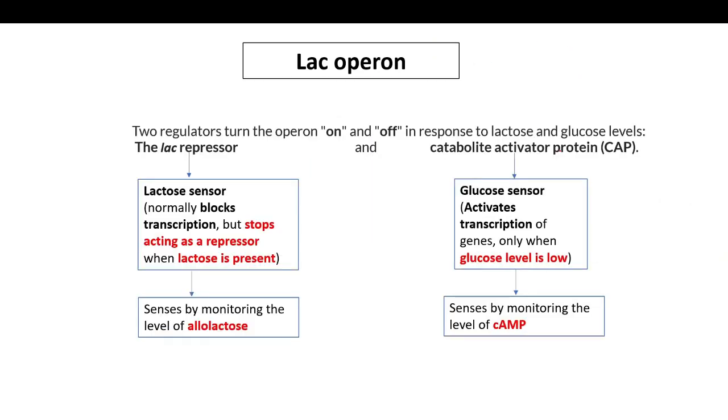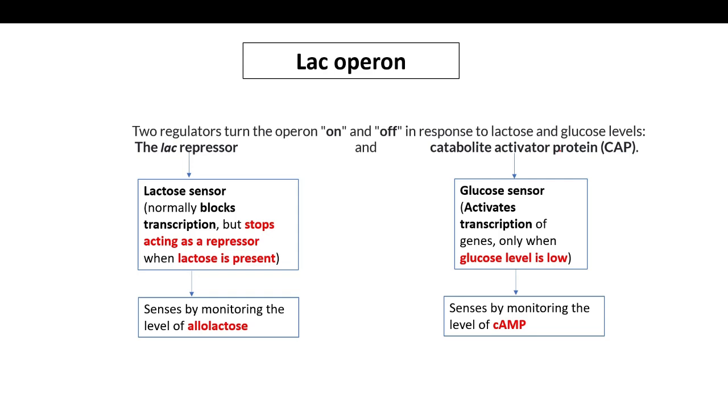So let us see what is going on. Two regulators will turn the operon on and off. Just like a switch which can turn on and off, there are two regulators which decide whether this lac operon will be in an on condition or an off condition.